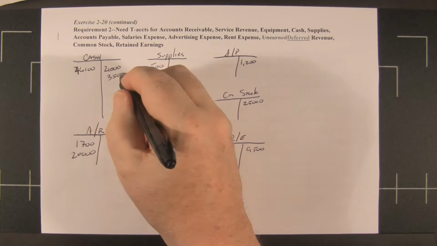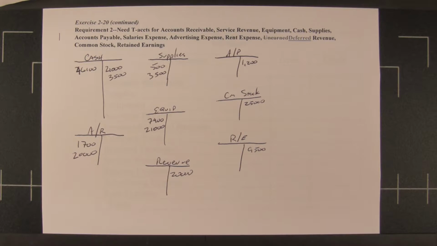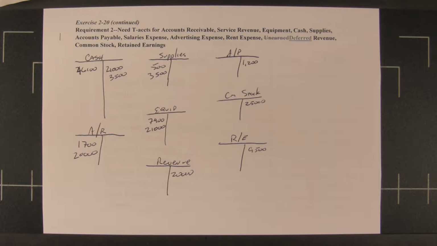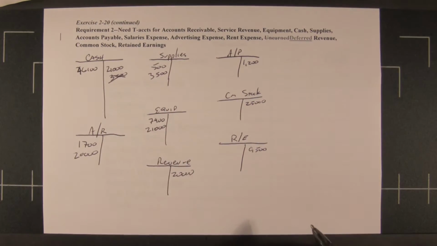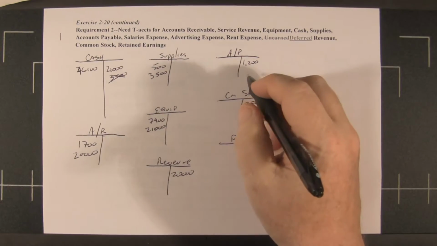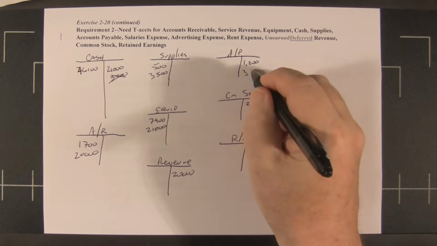That's a debit to supplies, but we purchased them on account, so instead of putting them under cash, we would put them under accounts payable, $3,500.